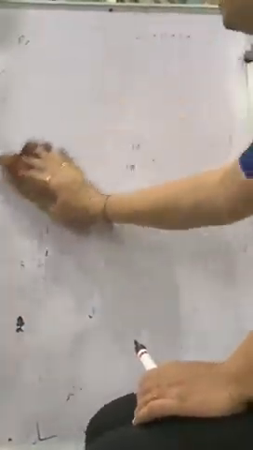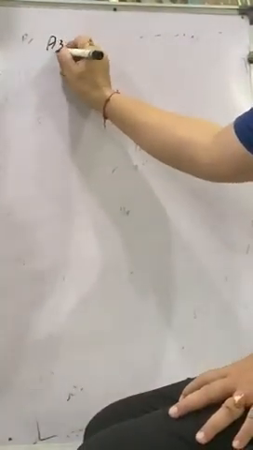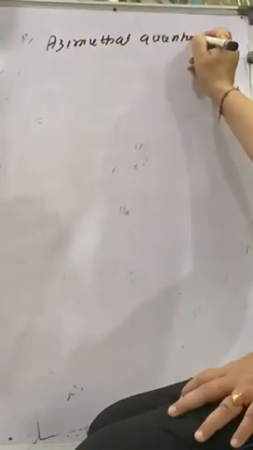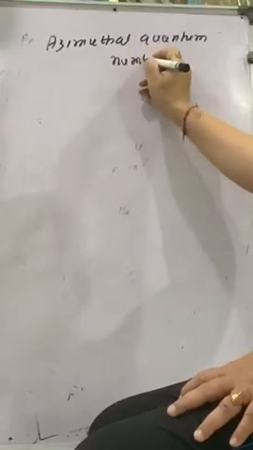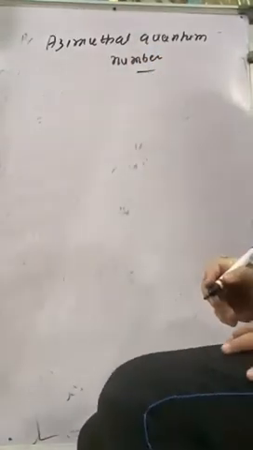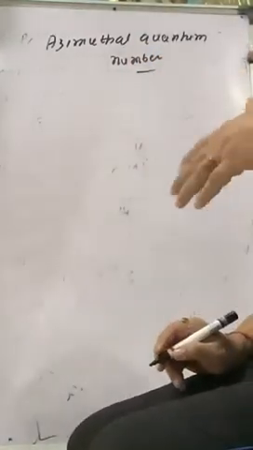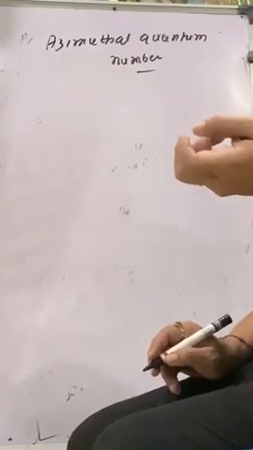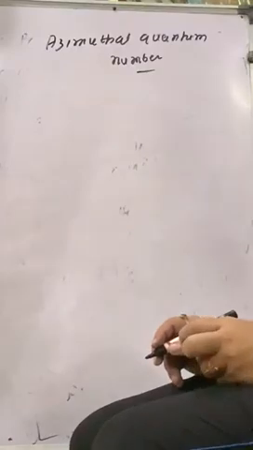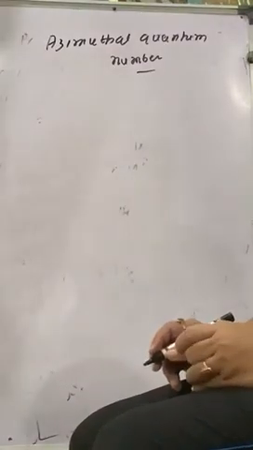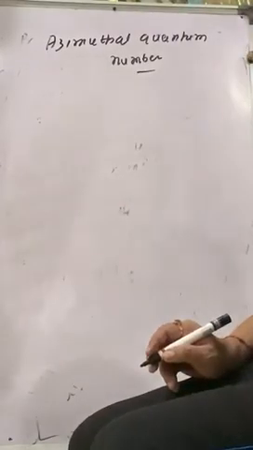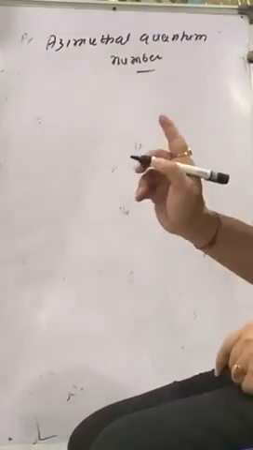See, the principal quantum number, as you have understood, represents the orbit number, and the number of electrons present in each orbit is represented by the 2n square rule, where n is the number of orbit over here.